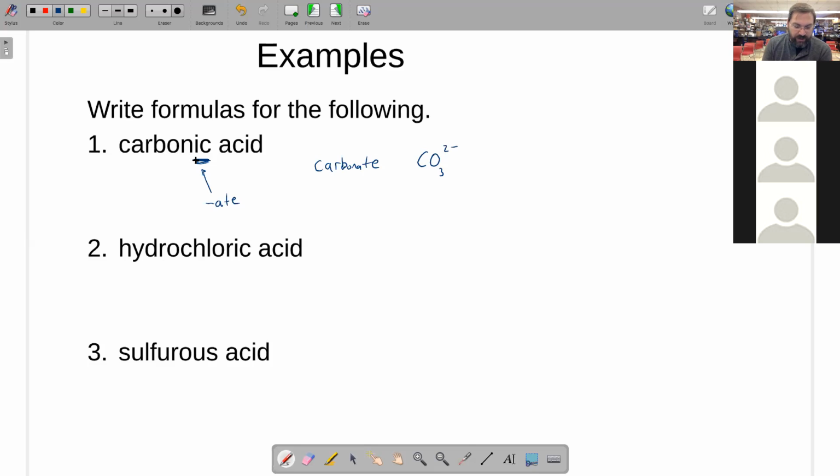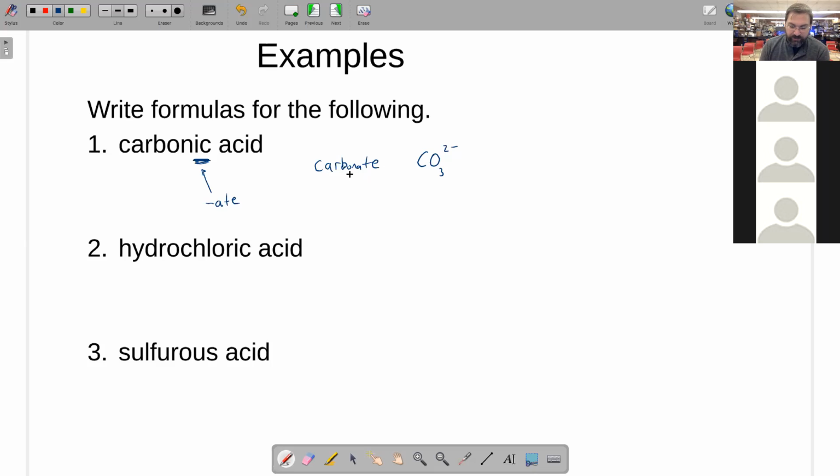So the reason why there's an acid named carbonic acid is that the name of the acid ends with "ic." It must have come from an anion ending with "ate." When you change the name from carbonic to carbonate, the emphasis in the syllables changes, but carbonate is CO3. So carbonic acid must have come from the carbonate anion.